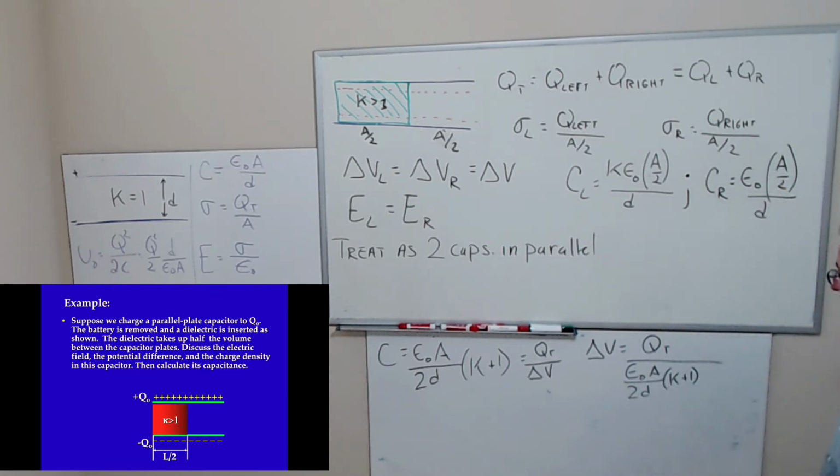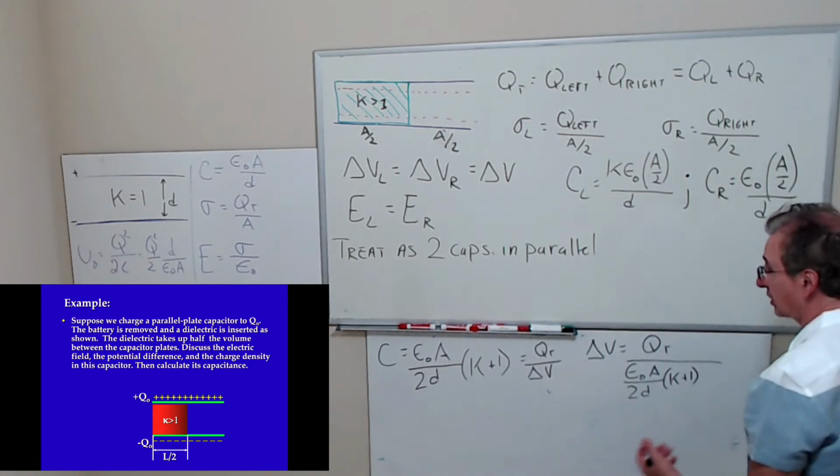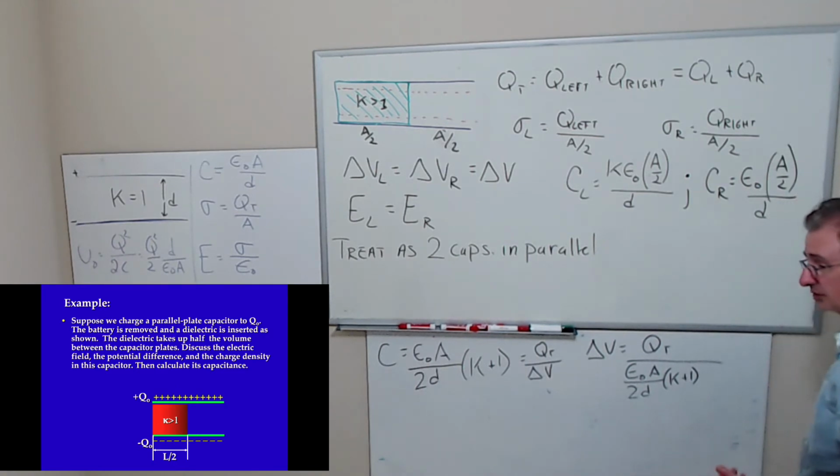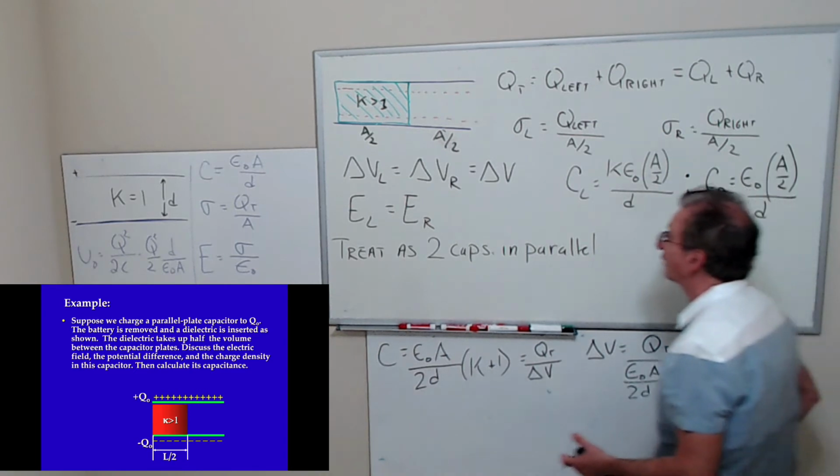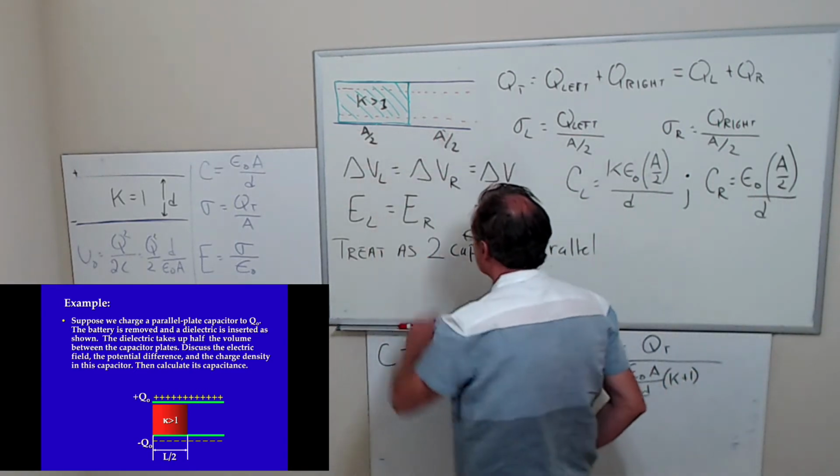So that's delta V. Now I can actually figure out what the charge on the left is and what the charge on the right is. I can figure out Q left and I can figure out Q right.